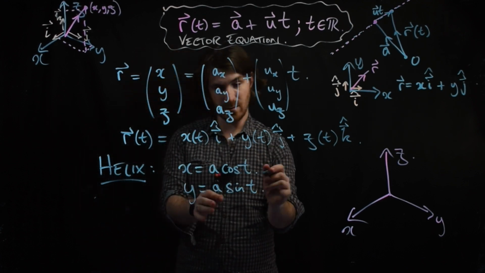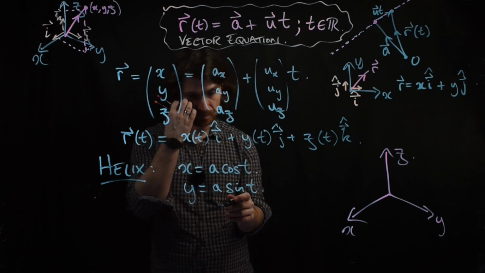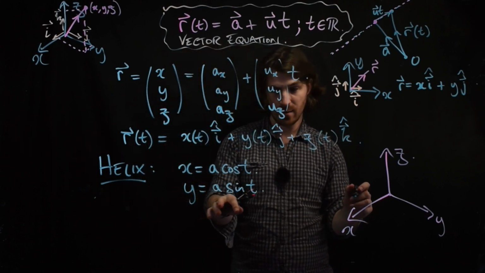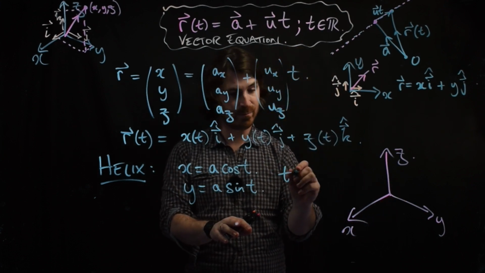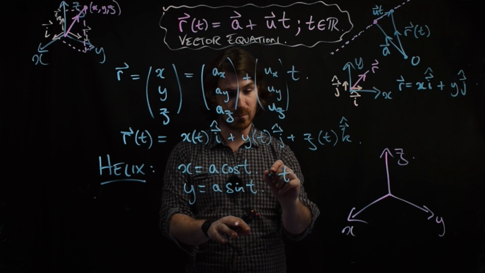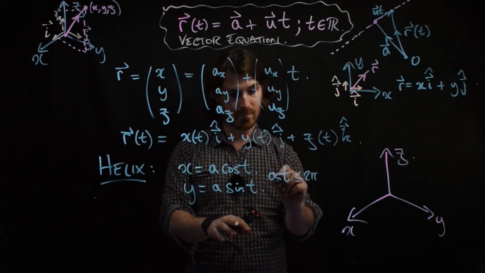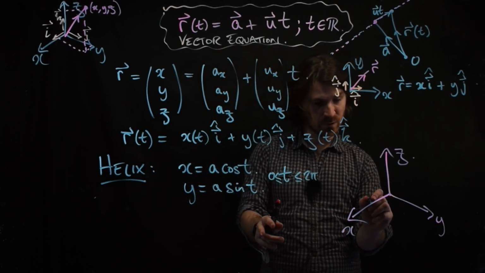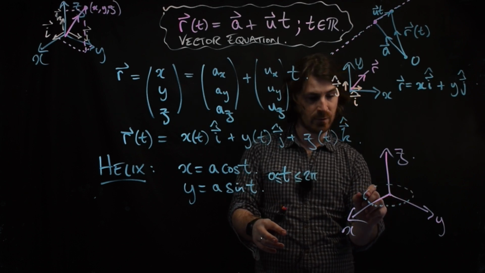And as we've seen before, these describe the equations of a circle of radius a. So if we were just to stop here, and let's have t going from 0 to 2 pi, this would just map out a circle in the xy plane of radius a.